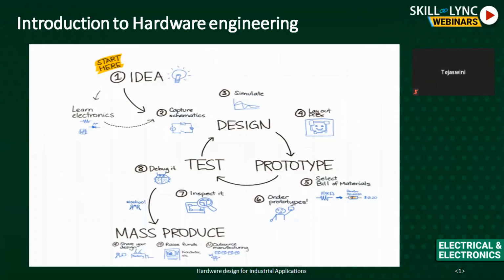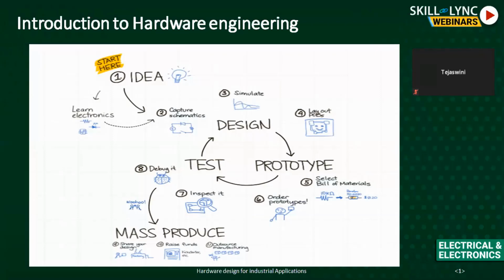In order to realize this idea, you will learn about this project. You learn about the electronics as well as the project, and then you prepare something called schematics. Schematics is a logical representation of your idea. We can say it's also a symbolic representation as well as a logical representation of your idea. A schematic clearly shows what has to be connected where. Once you're done with the schematics, you do something called design.